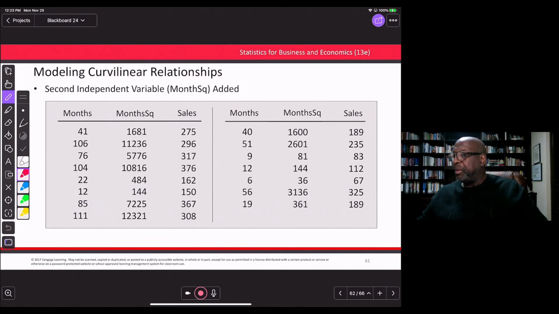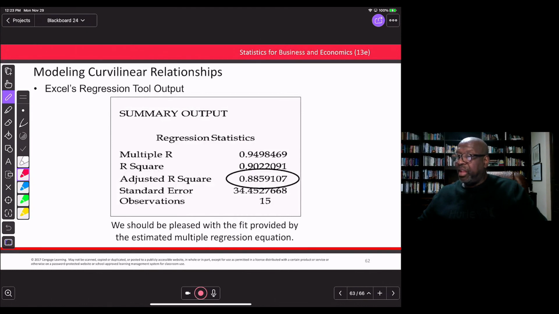All right. So you can see here in this example, months versus months squared versus sales. And then you have your multiple R in terms of your output for this particular example. The correlation is pretty high, 90.9498. The R-square value, 90%, which is pretty good.